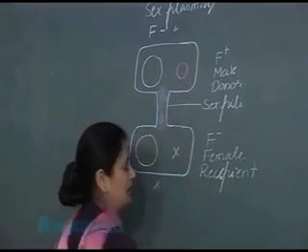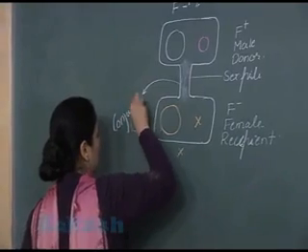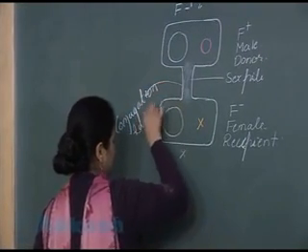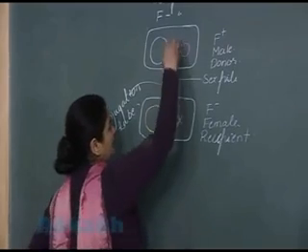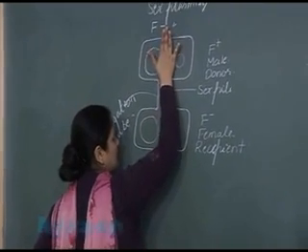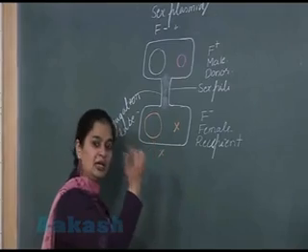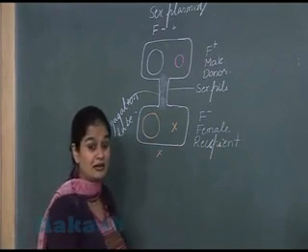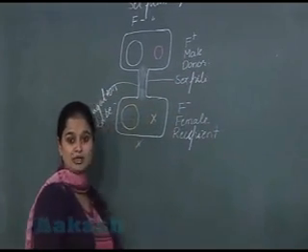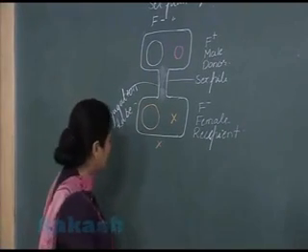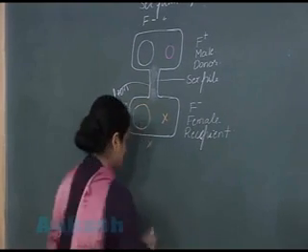This tube-like structure is the conjugation tube. Through the conjugation tube, genetic material is transferred from the male cell to the female cell. So from which cell is the genetic material being transferred? From the male cell. That's why the male cell is known as the donor cell. And who receives this genetic material? The female cell. That's why it is known as the recipient cell, the receiving partner. Right? Third condition.